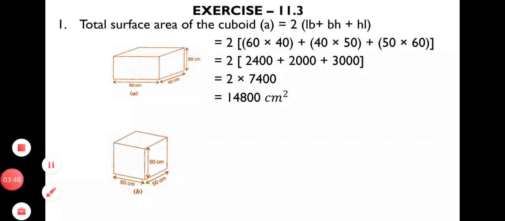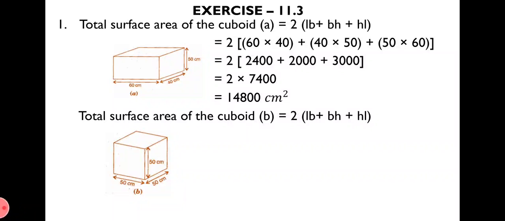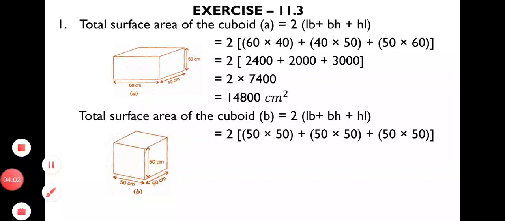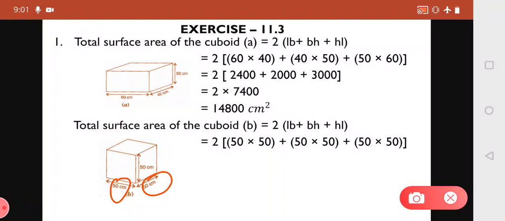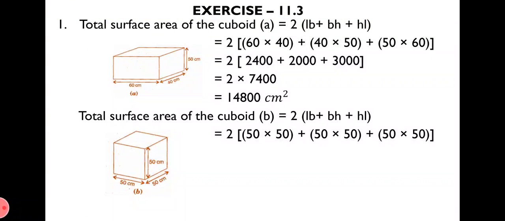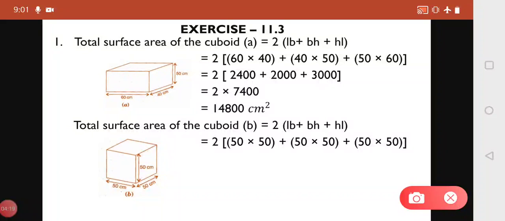So total surface area of cuboid B equal to twice length into breadth plus breadth into height plus height into length. Let's insert the values, everywhere you will get 50, as you know that length, breadth, height all are 50. So we'll get twice 50 into 50, plus 50 into 50, plus 50 height and 50 length.